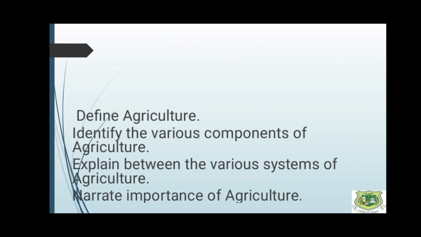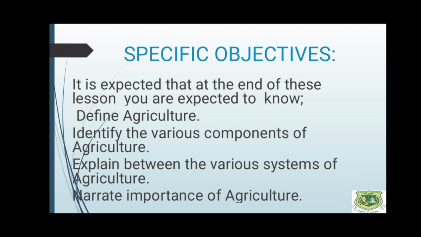Please, listen attentively and put down salient points as the lesson goes on, because by the end of this lesson, you should be able to: 1, define agriculture; 2, explain at least 3 importance of agriculture; 3, identify the various components of agriculture and differentiate the various systems of agriculture.